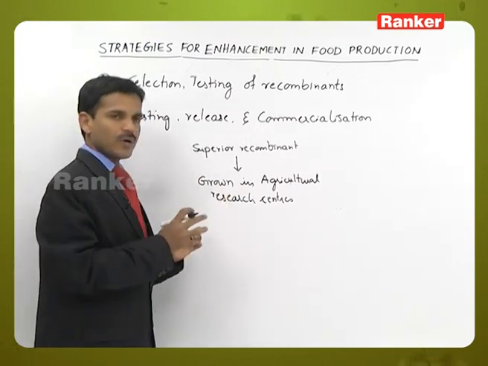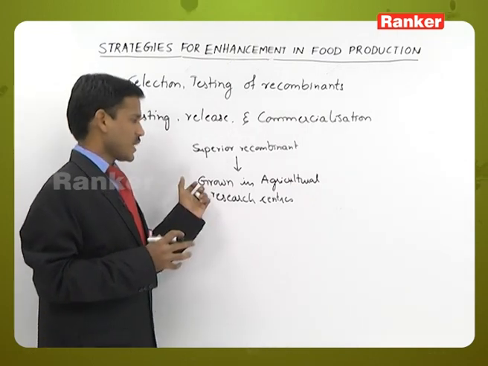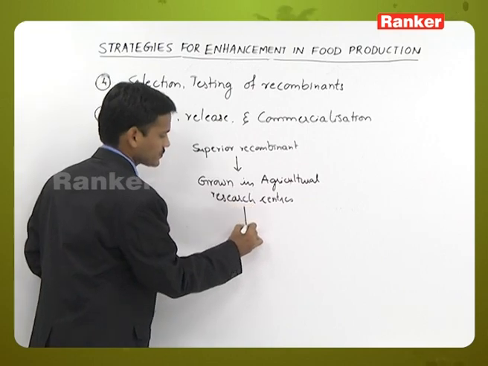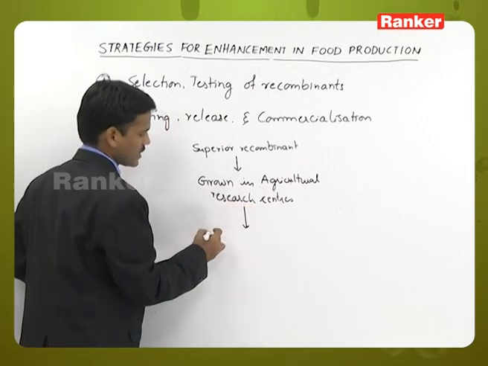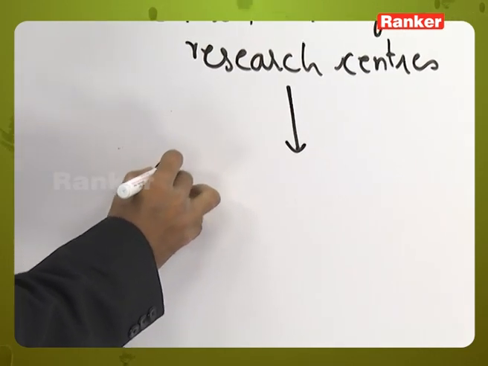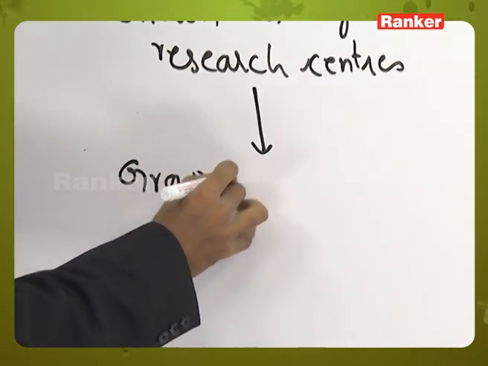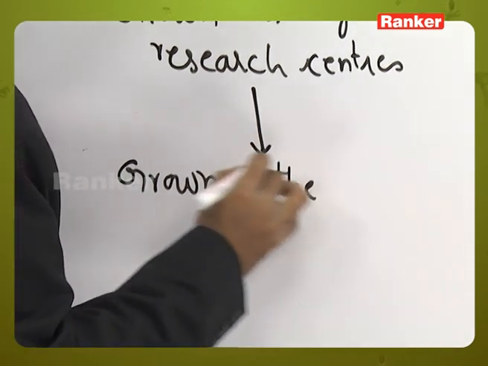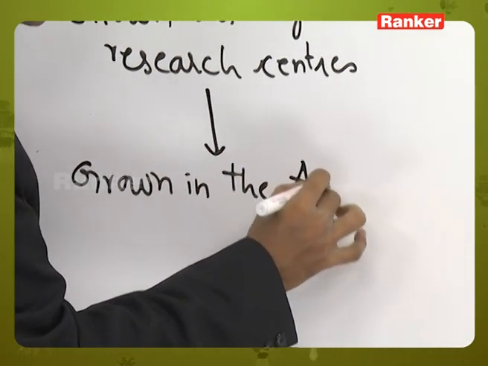So under proper management practices, the plants are grown. Next, seeds are selected from these plants, and these selected seeds are grown in normal agri-climatic zones.